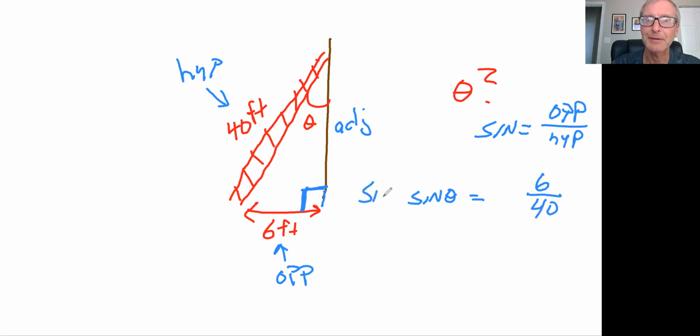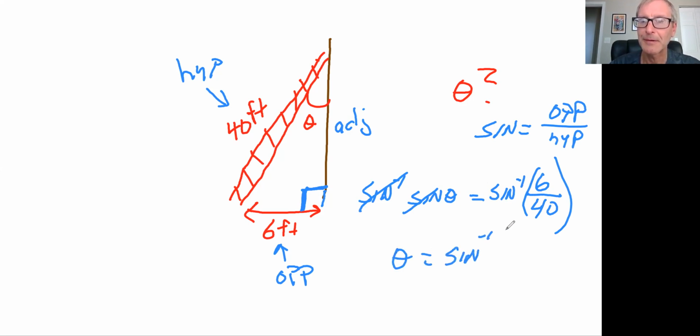When you take the inverse of both sides, they cancel out, and theta would be sine inverse of 6 over 40. How do you get that? You get your calculator back up. 6 divided by 40 is 0.15, and when you take the inverse sine of that, you get approximately 8.6 degrees.